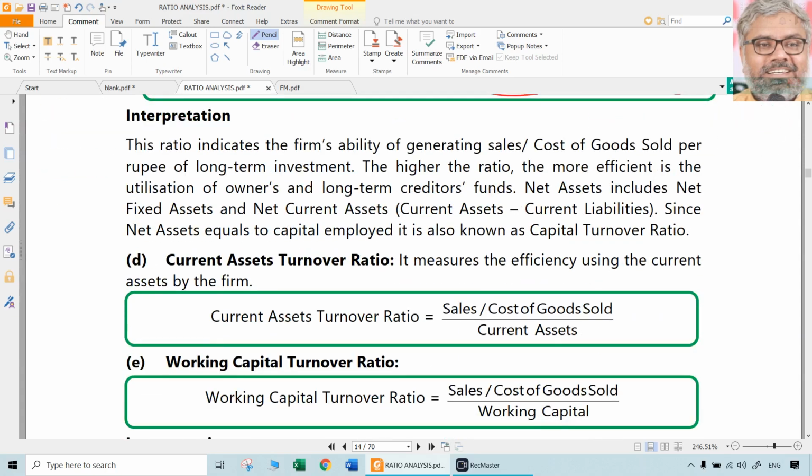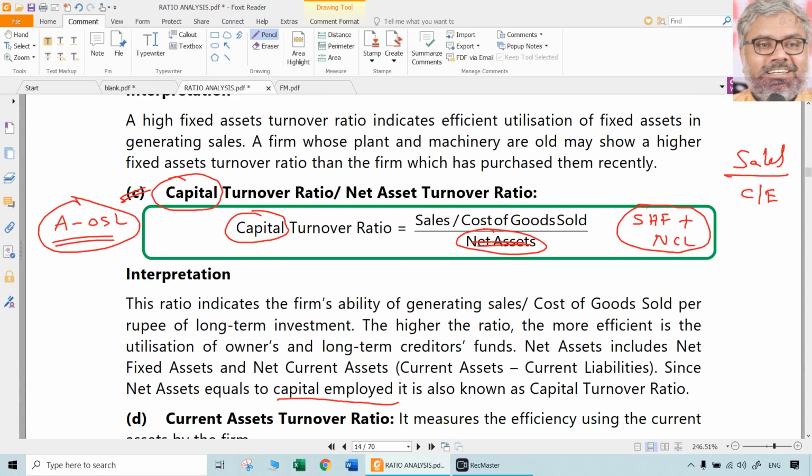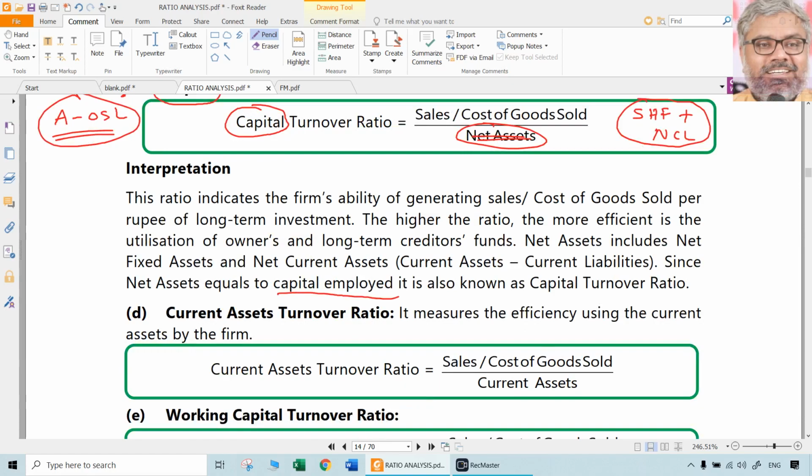So what is the capital turnover ratio? The sales divided by capital employed. So that's what is this capital turnover ratio. Capital employed will be shareholders funds plus non-current liabilities.